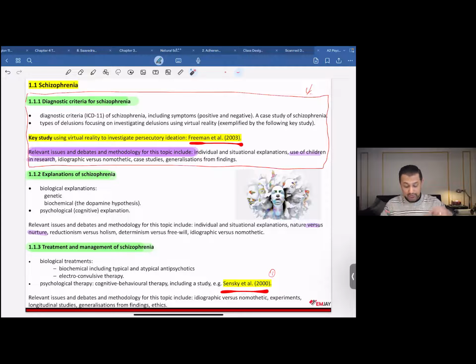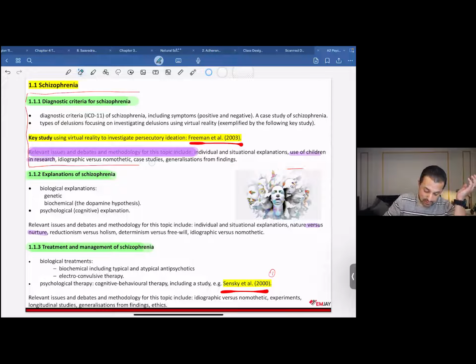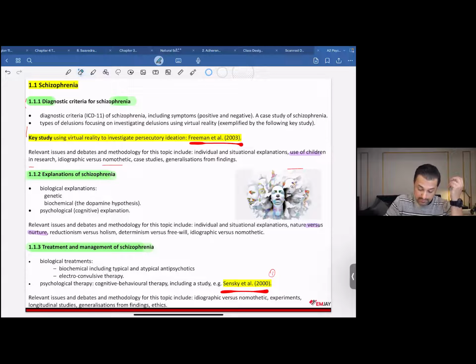That part I'll try to elaborate on after a bit. For now, I hope I'm clear with what I wanted to explain by putting this red mark over here and highlighting this in purple when I spoke about relevant issues and debates and methodology for this topic. So is the case with this one, so is the case with this one.